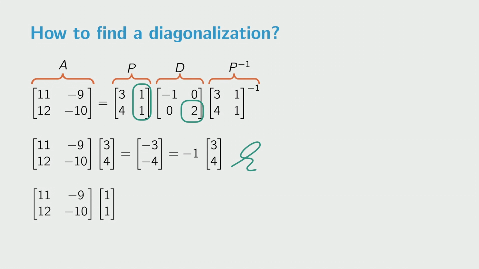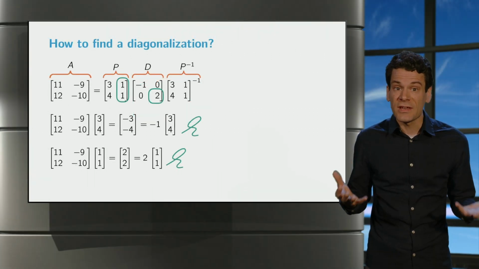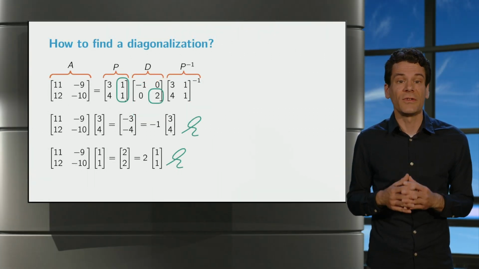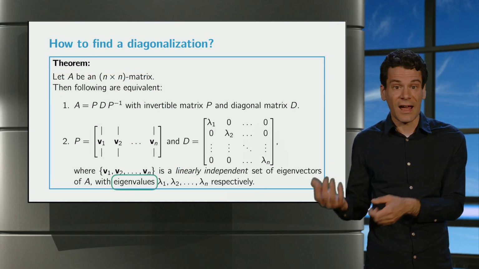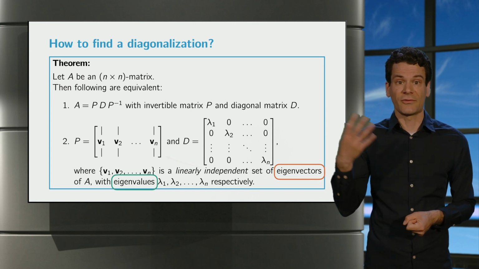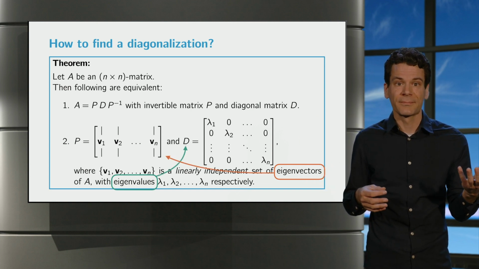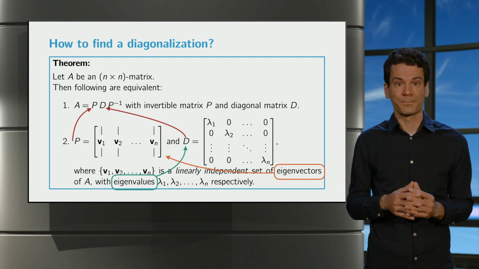Let's check. A times the second column is equal to the vector 2, 2, which is indeed 2 times the second column of P. Again, it checks out. The theorem gives a procedure to find a diagonalization of a given matrix. Given a matrix A, find the eigenvalues and eigenvectors. From these, construct matrix P and matrix D, and then these matrices will give a diagonalization of A.